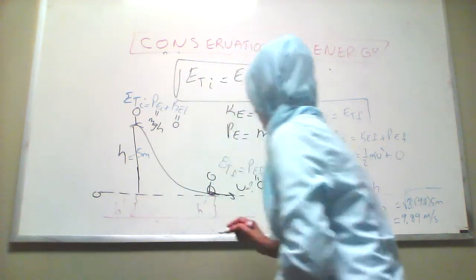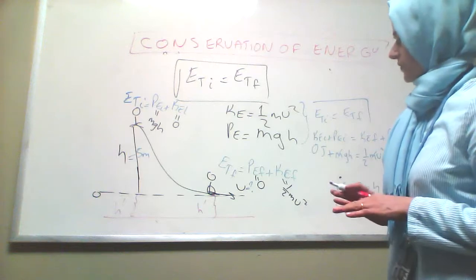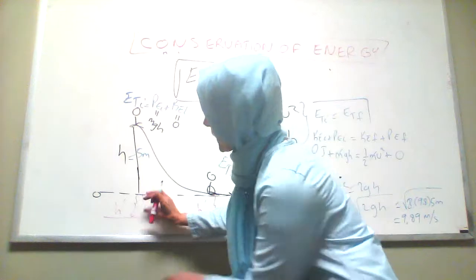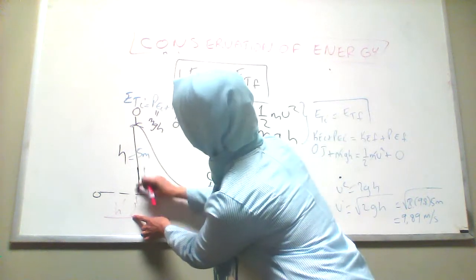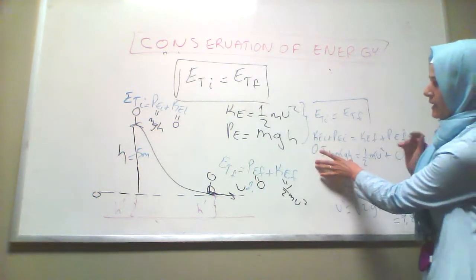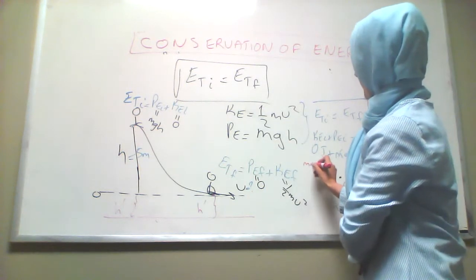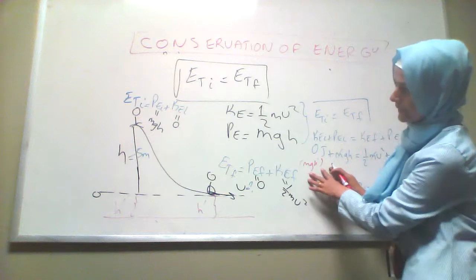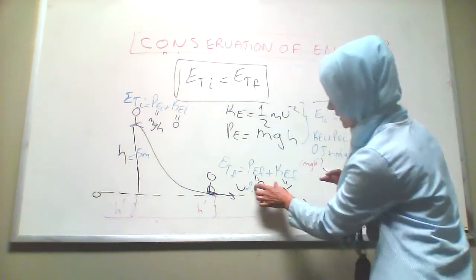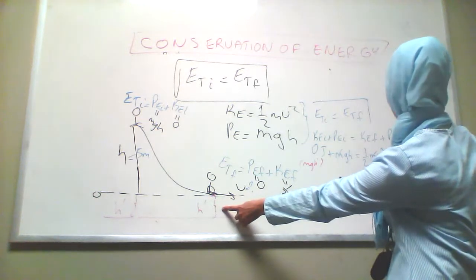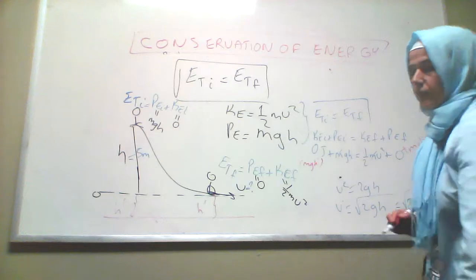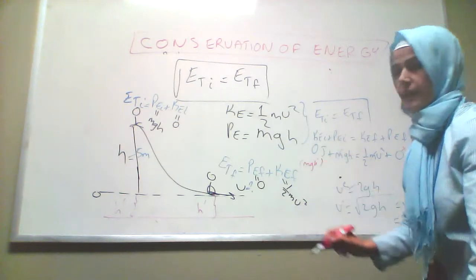I ignore this h prime, and this perfectly works for potential energy, because if I add this h prime, I would be adding that much potential energy to the initial side. So on the left-hand side, I would be adding plus mgh prime. And at the final, we will also have some final potential energy. Instead of 0, we will have mgh prime. So we'll be adding the same thing on the right-hand side. These two would cancel each other, and this is always the case.